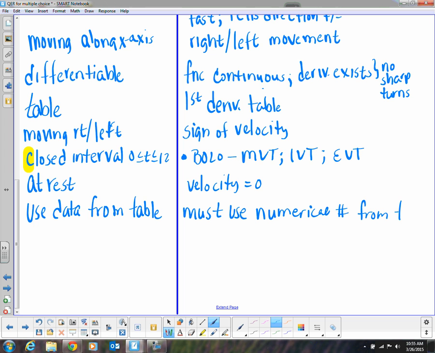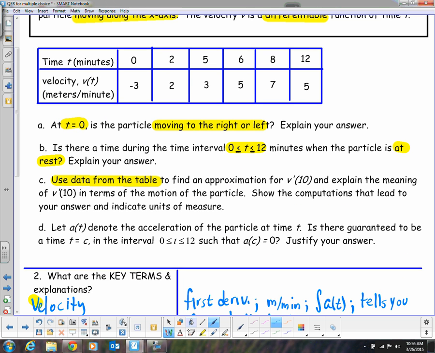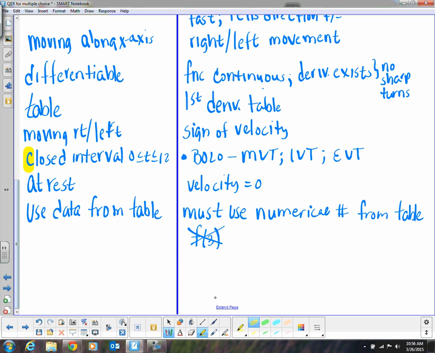In other words, f of 3 doesn't do it. If you use f of 3 minus f of 1 over 3 minus 2, you will lose the points. Now, another key word, approximation. What does approximation mean?